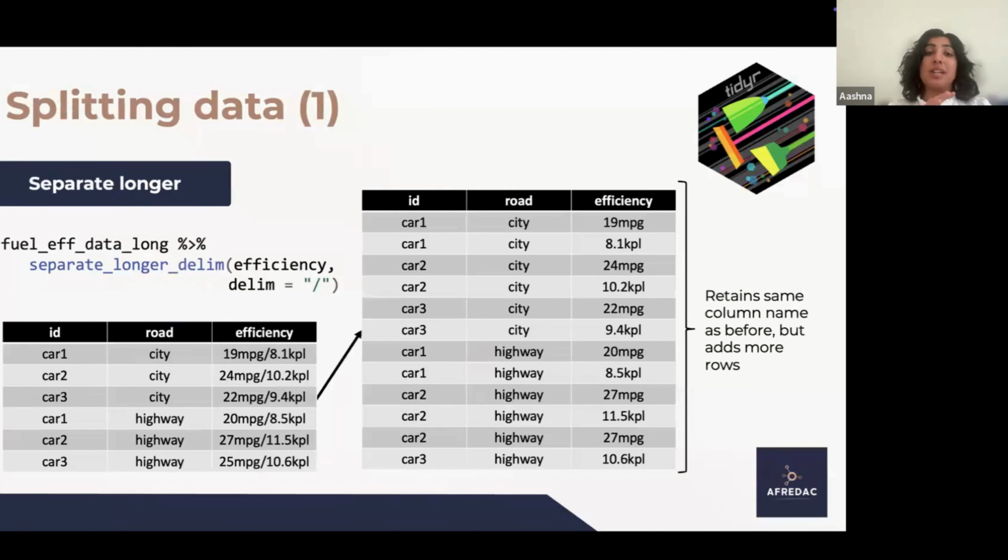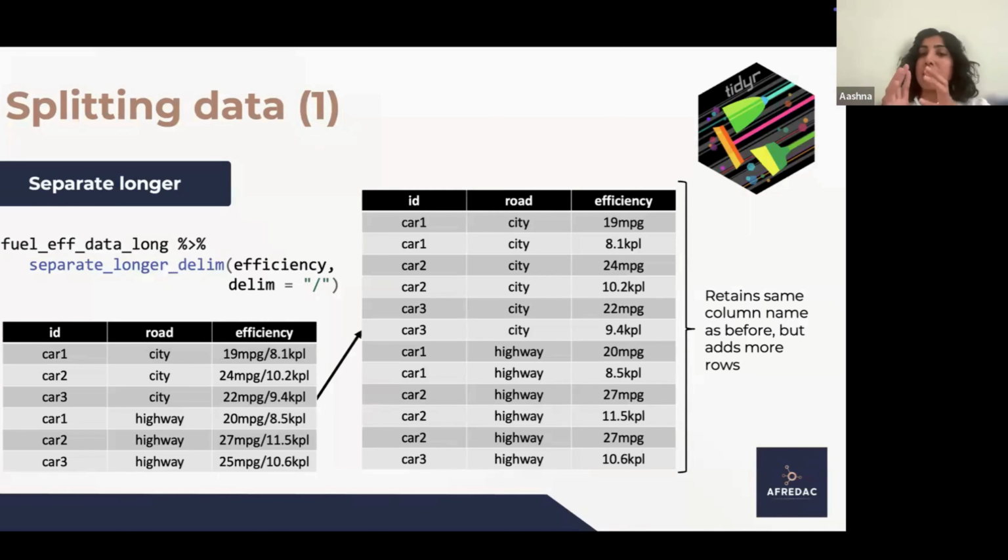Another action you can do is splitting columns. So over here, as we saw in the first example, we have more than one value under fuel efficiency, right? Each of the fuel efficiency values is given both as miles per gallon and kilometers per liter. But suppose, for example, I want those to be separate.